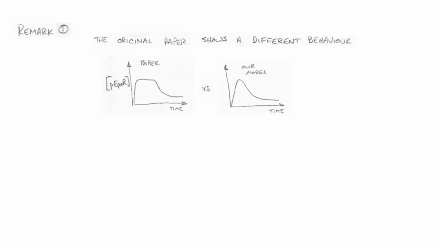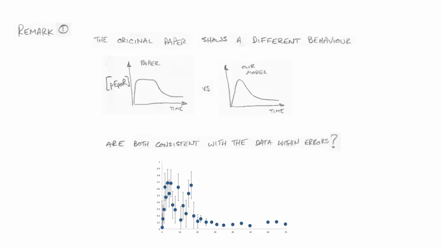So it's slightly different behaviour, and the thing I might want to ask is, are both consistent with the data that they found? And then maybe if you look at the paper, you can try and understand why their model is different.